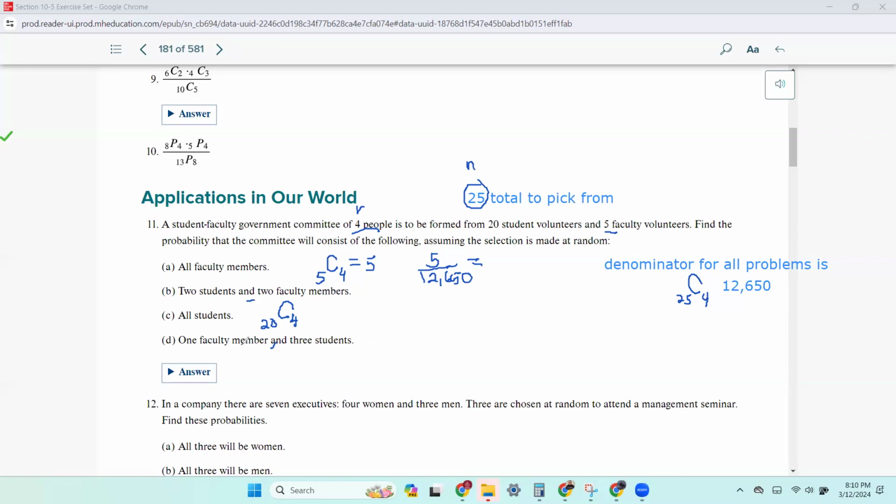So we got to do the one faculty member. We want 1 to be picked from 5 times the 3 to be picked from 20. So whenever you have an and in there, that means that your numerator is going to multiply. So let's see if we can just do this all in one fell swoop for that last one, and then that'll be enough.